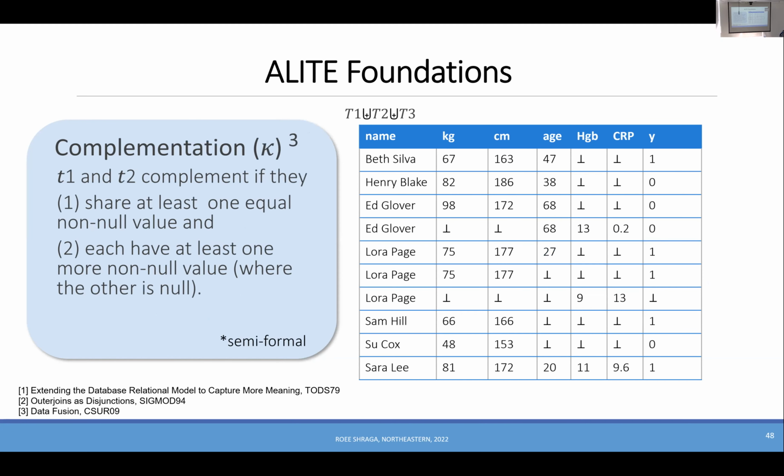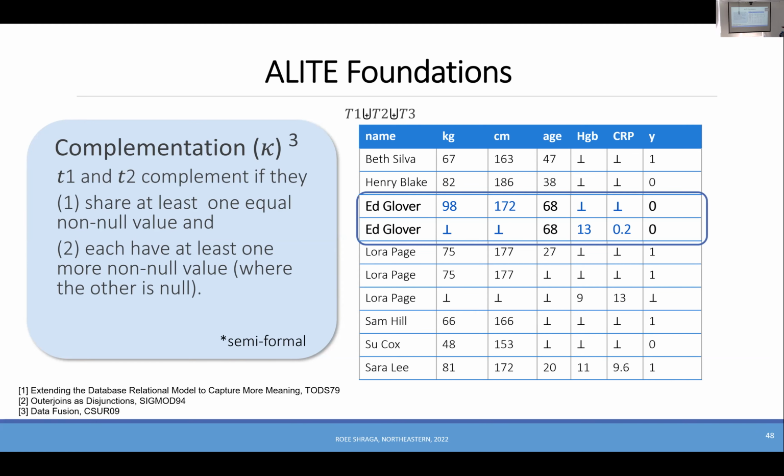The second operator that I want to introduce is called complementation, and in a sense, it can be thought of as very similar to subsumption. What I like to say is, if in subsumption one tuple brings to the table everything that we need, in complementation we look at a scenario where two of the tuples each bring something to the picture. Again, as before, we have the same non-null values in corresponding attributes.